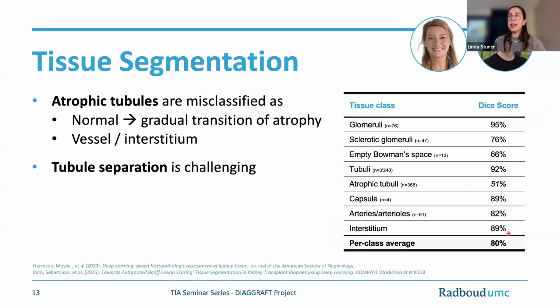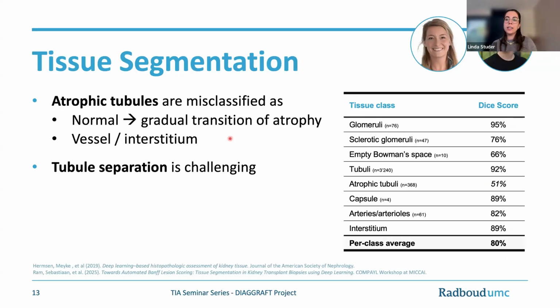Most of the classes have a really nice, high Dice score. There's one class that still remains challenging, which is the atrophic tubules. These are the tubules that are starting to get damaged and die away. The reason why this is a challenging class is, first of all, we don't have that many examples, and also it's a gradual transition to atrophy.